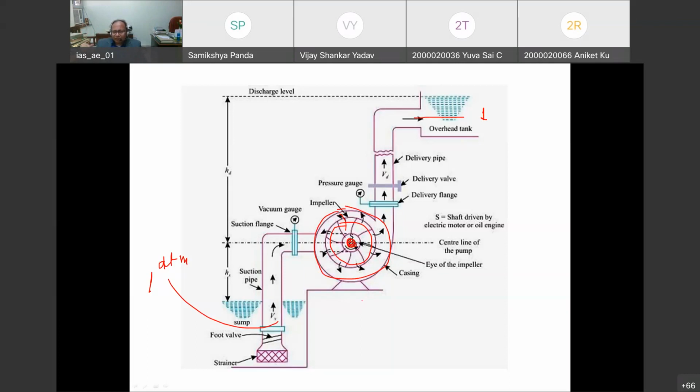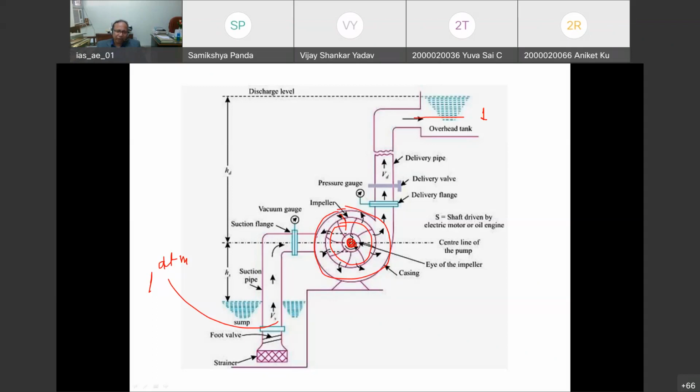That's why, for the operation of this centrifugal pump, it is required to go for priming. There is a terminology for priming of the centrifugal pump.